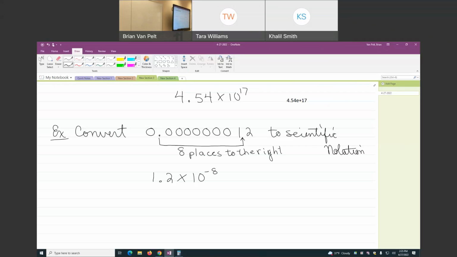Small number. Scientific notation handles them so simply. And these numbers can get, for whoever takes physics, when they start talking about quantum physics, these particles get staggeringly small.